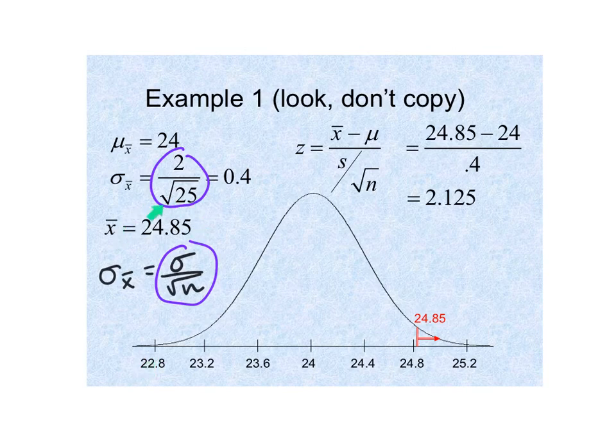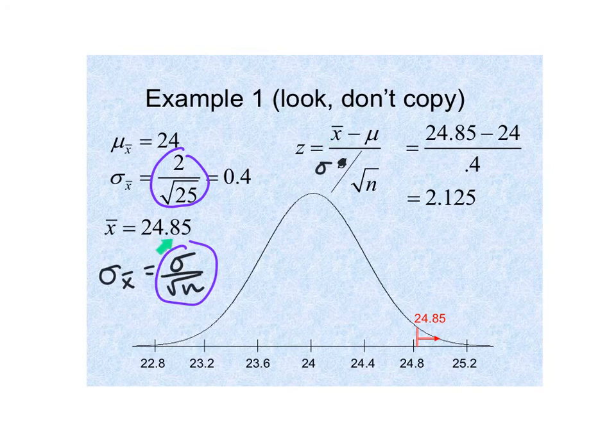Now, when they sampled 25 packages to deliver, they got a sample average of 24.85. So we plug it into this Z formula. Okay. Plug it in. But remember, we just calculated this. This is 0.4, so this is my denominator.